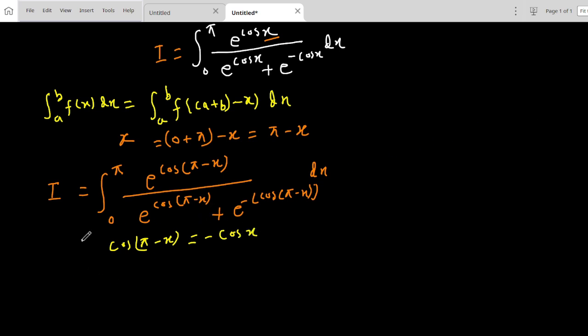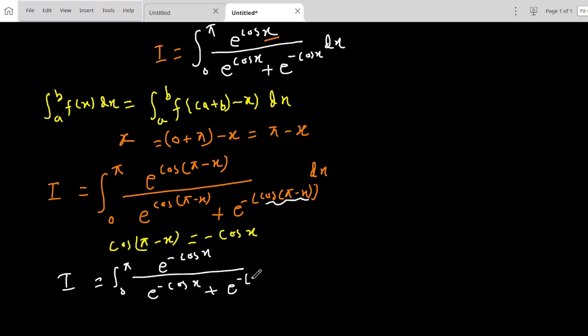Now the new I is equal to the integral from 0 to pi of e to the power minus cos x upon e to the power minus cos x plus e to the power minus of this minus, and the value of this is minus cos x, dx. Now once again we will rewrite the whole equation.